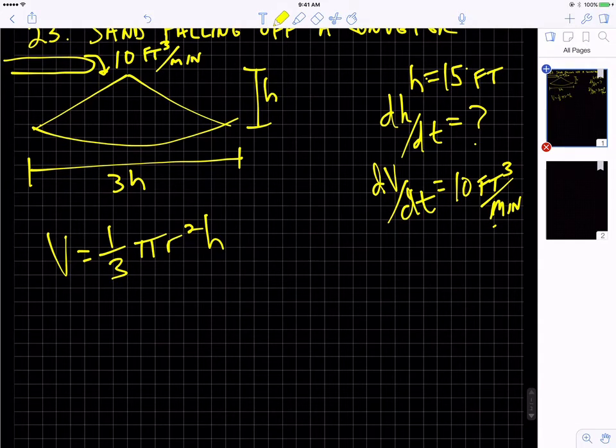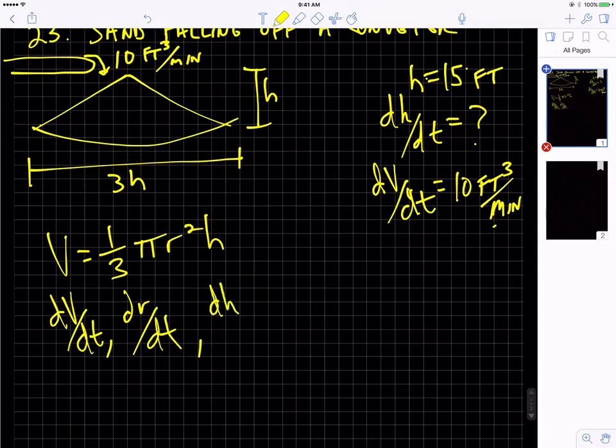We don't want the r and the h in this case, because if we take the derivative as is, the v would create a dv dt, the r would create a dr dt, and the h would create a dh dt. That's too many rates.